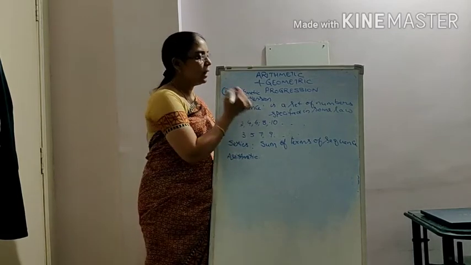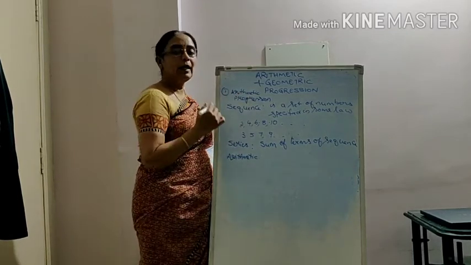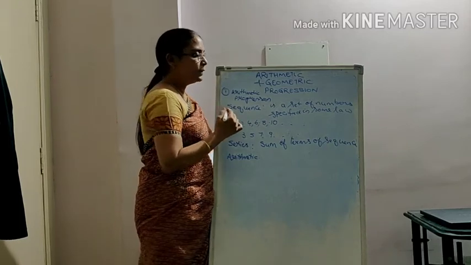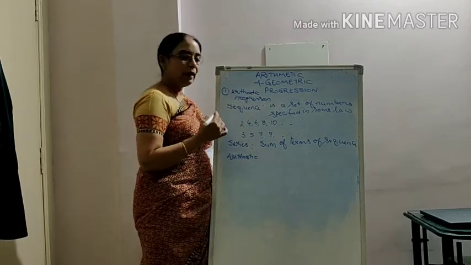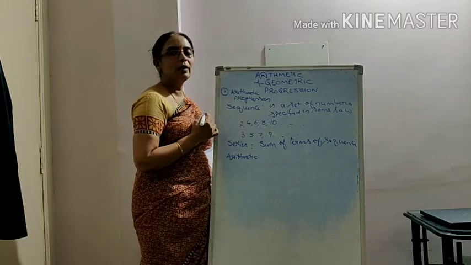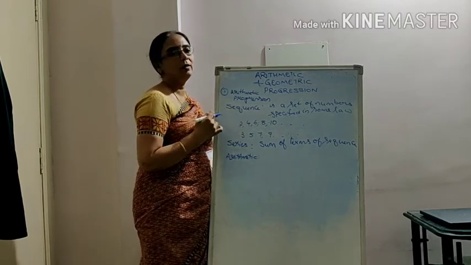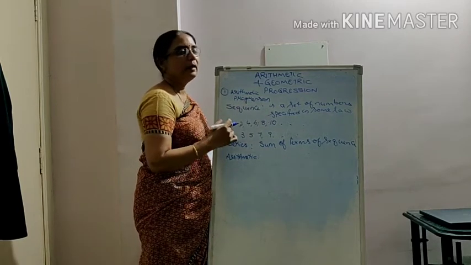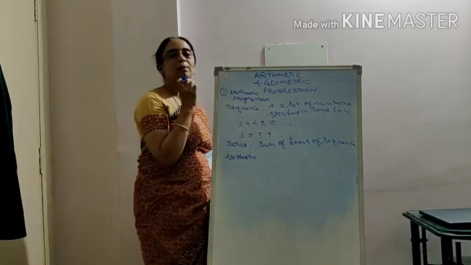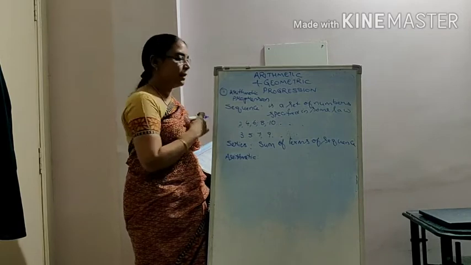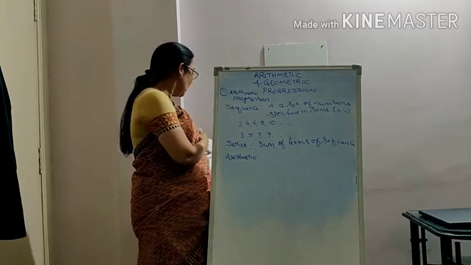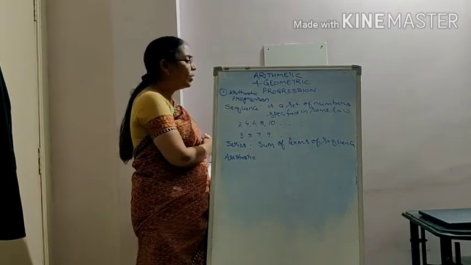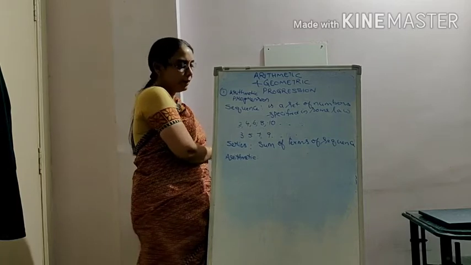An arithmetic sequence is a set of numbers either in ascending order or in descending order with the same common difference. It is a sequence of numbers either in increasing or in decreasing order which has some common difference.